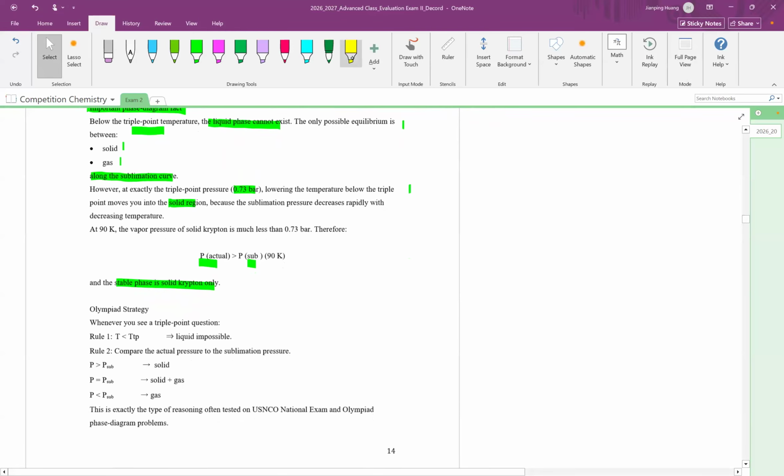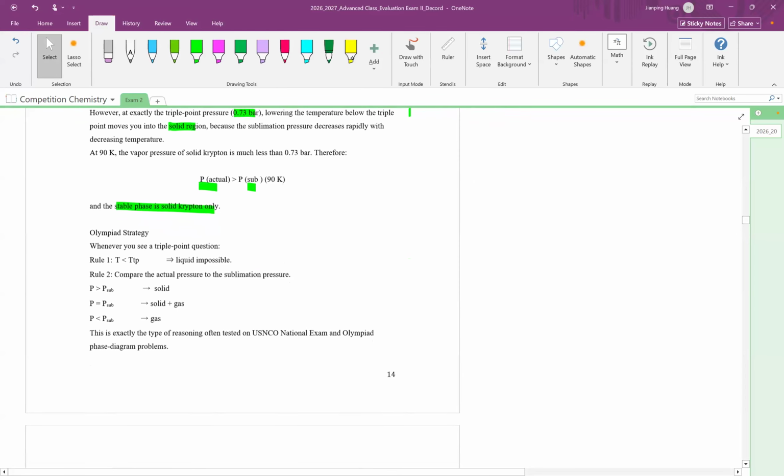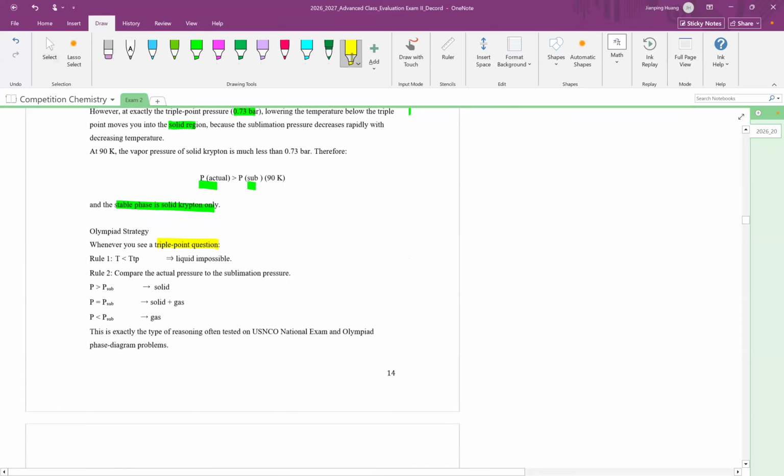Now, here is the strategy for the triple point question. Number one, when the temperature is lower than the triple point, liquid is not possible. In multiple choice, liquid is not possible. That's law one. Law two, you compare the actual pressure with the sublimation pressure.